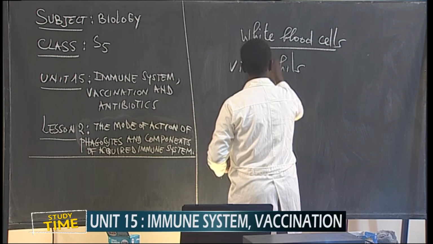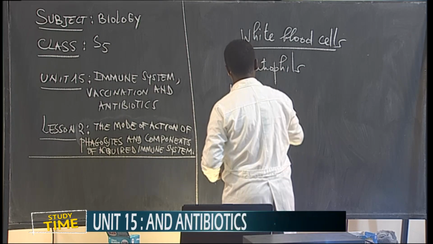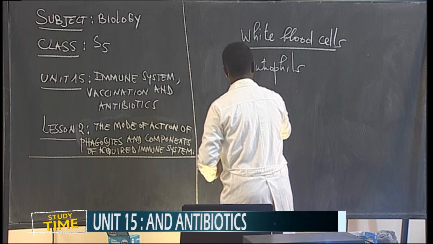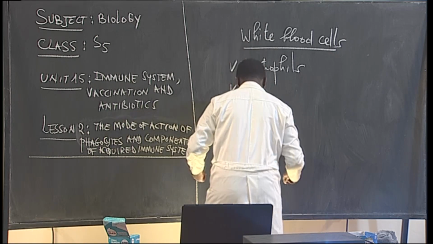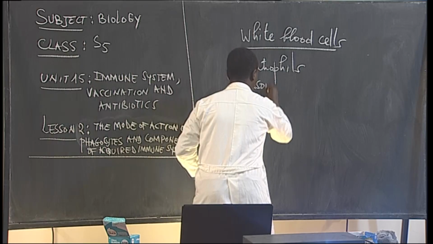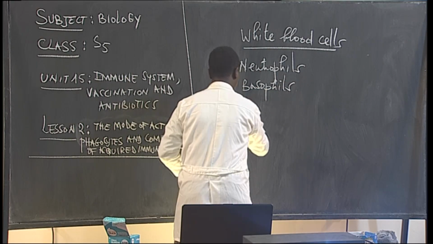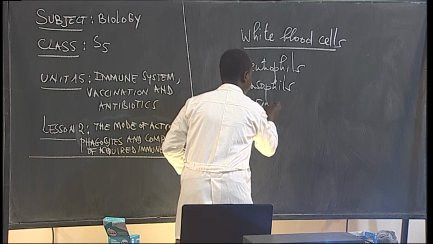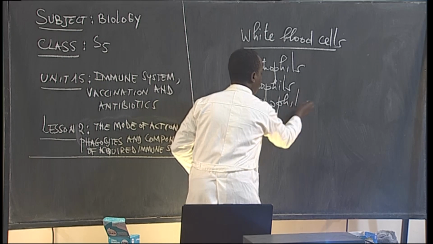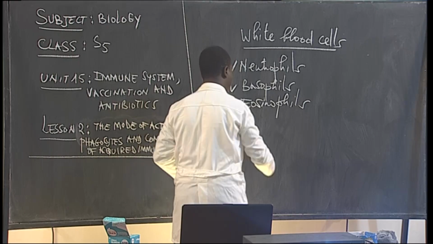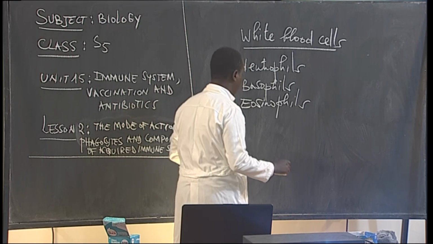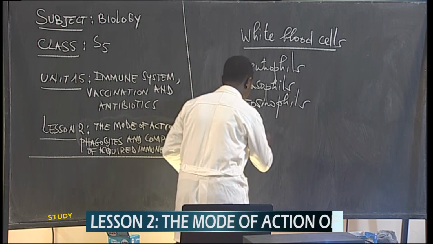neutrophils. Number two, basophils. Number three, eosinophils. Number four, monocytes.